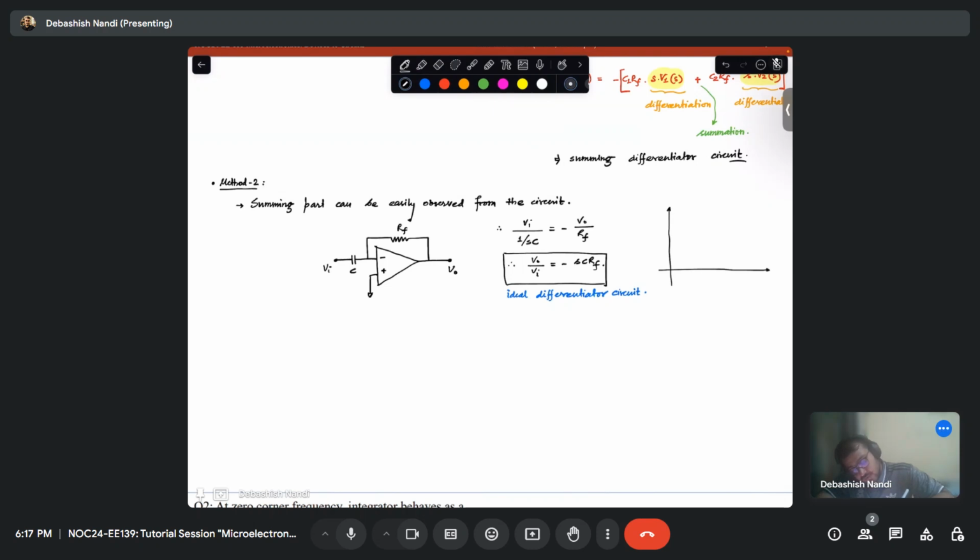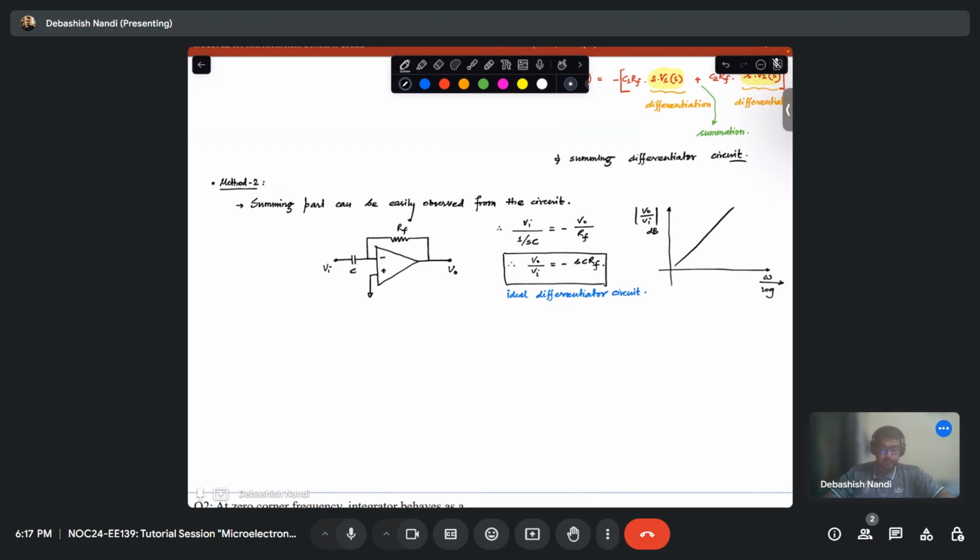If you plot V0 by Vi in S domain, take magnitude, write it in dB, omega in log scale, then you will have a zero. Where is the zero? There is no pole, right? Or the pole is at infinity. The zero is at S equal to 0. So you will have a response something like this.